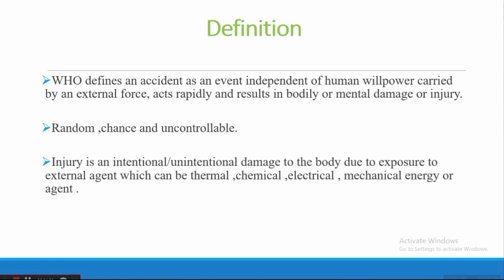An injury is an intentional damage to the body due to exposure to an external agent, which can be thermal, chemical, electrical, mechanical energy, or other agent.